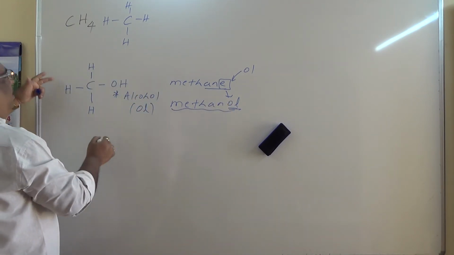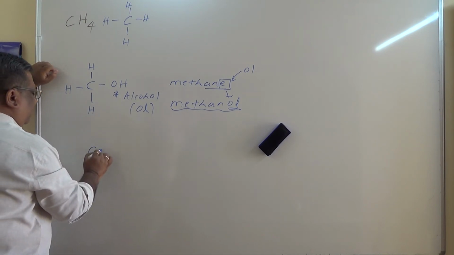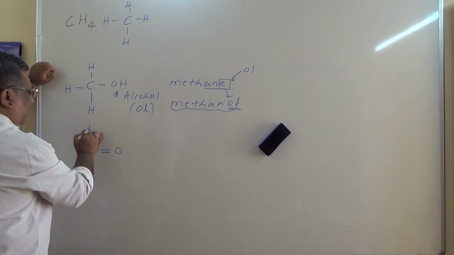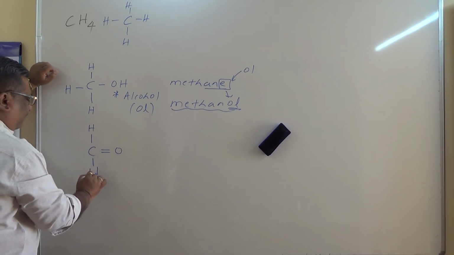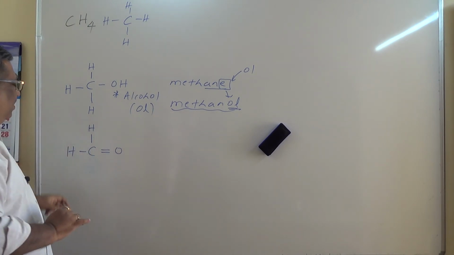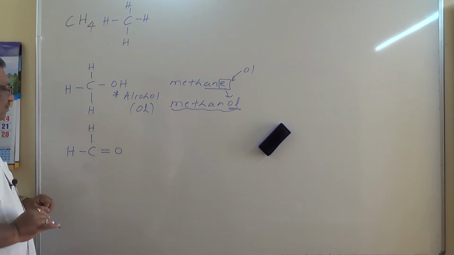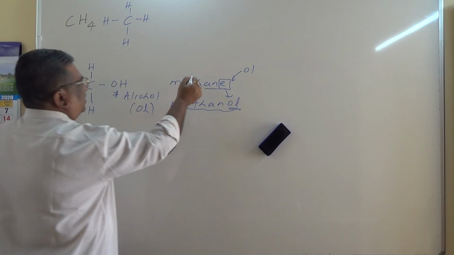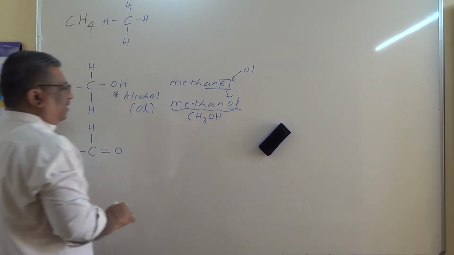Similarly, aldehydes will go for. Next, see here, suppose it is double bond O, H, 1, 2, 3, and only one more H will be there, or this side I'll put so that it is convenient for you. Okay, see here, what is the name of this compound? This methanol we can write as a condensed formula as CH3OH, methanol.